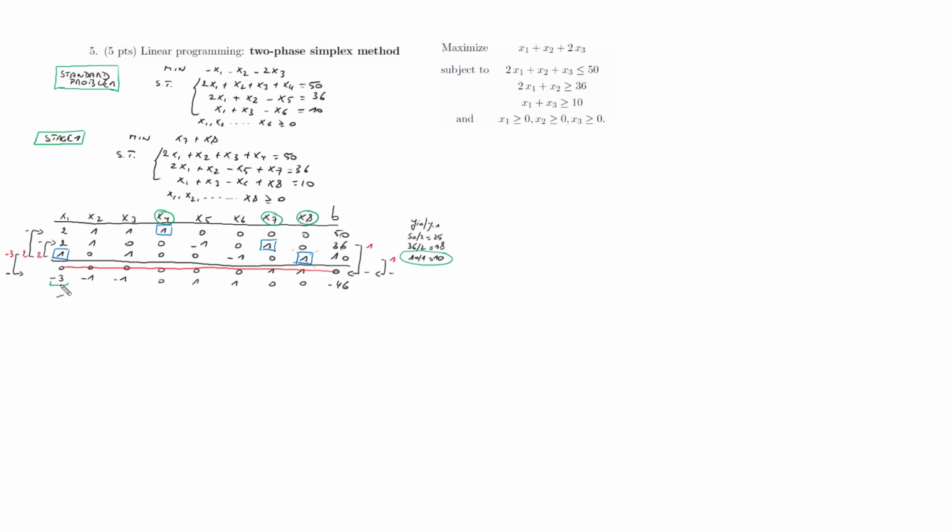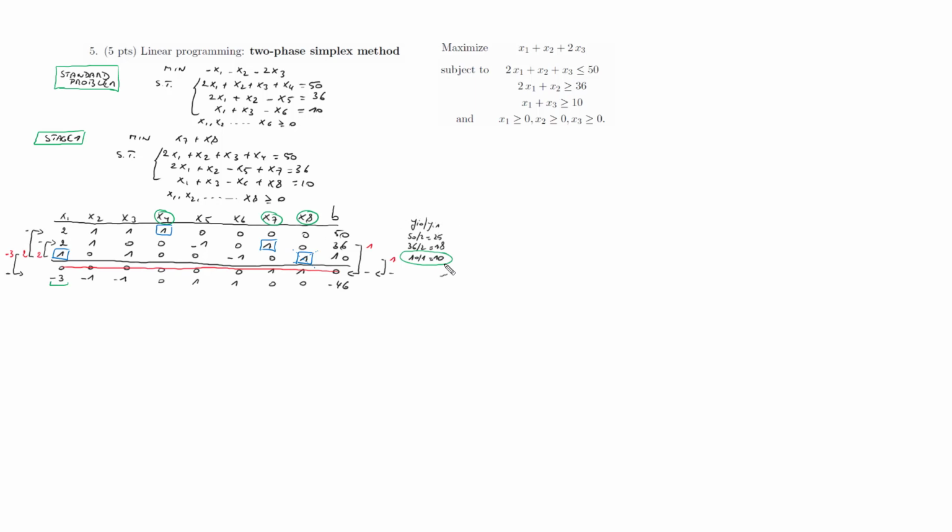So we have seen in the course that to know which variable is going to become basic and join the basis, we have to take the reduced cost that is the most negative, right? If there is one that is negative, and here clearly it's this -3, which indicates that x1 is going to join the base. Now we need to see which variable is going to leave the base, right?